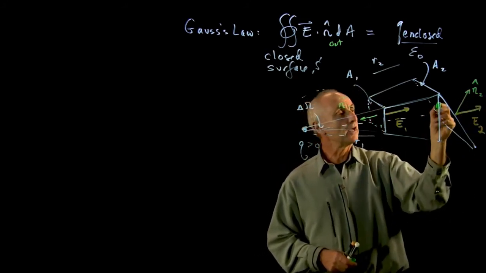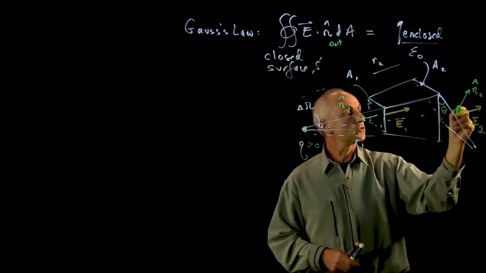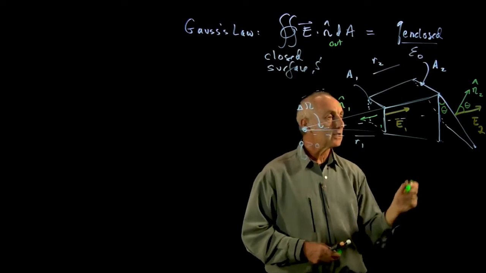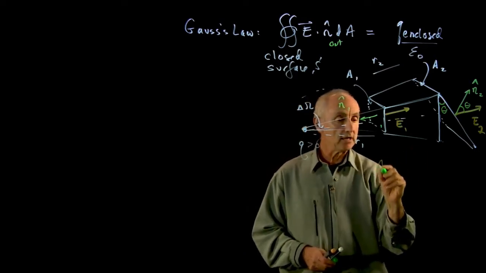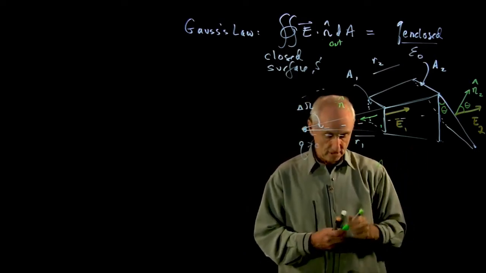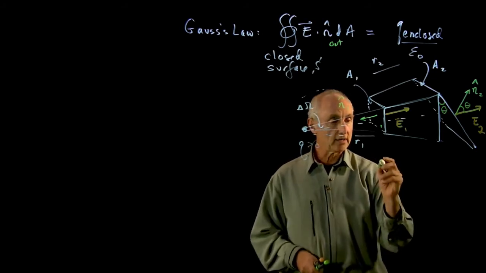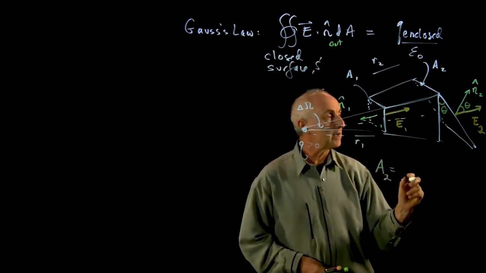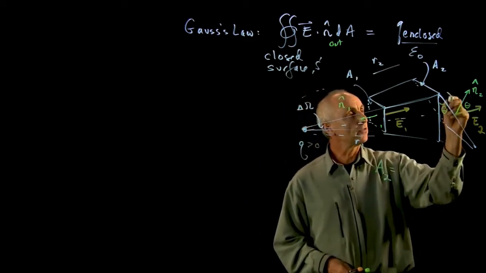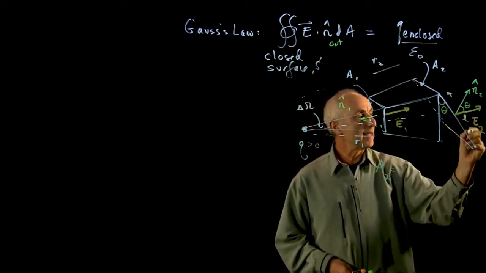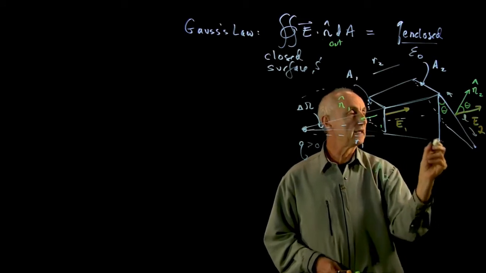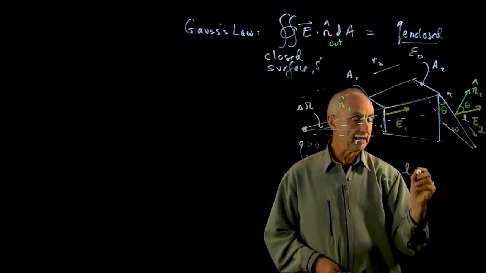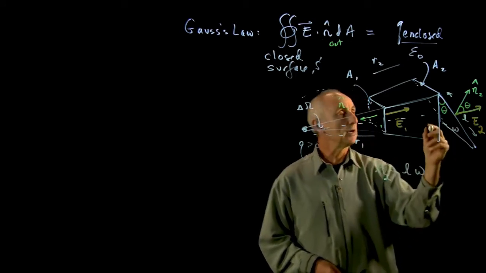So this angle here, theta, is also equal to that angle, theta. And let's look at the area A2. Now, the area, if I call this piece L, and the other piece, which was the same, W, this is still L times W.